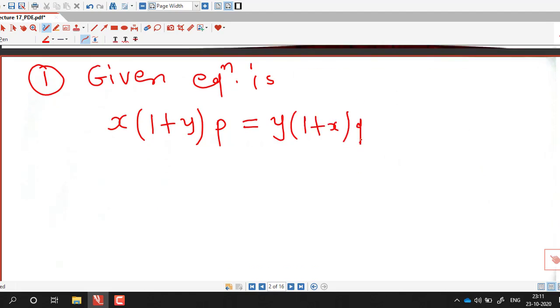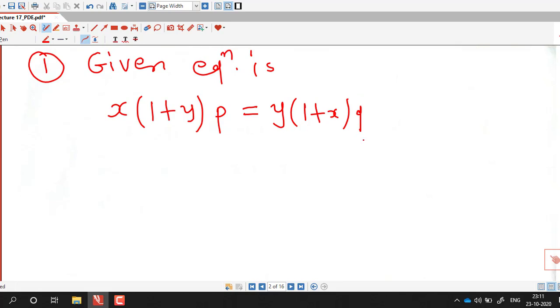So we try to write down this equation in another form such that on one side we have terms containing p and x only. So I keep p and x here, and I transfer this 1 plus x to the left hand side.